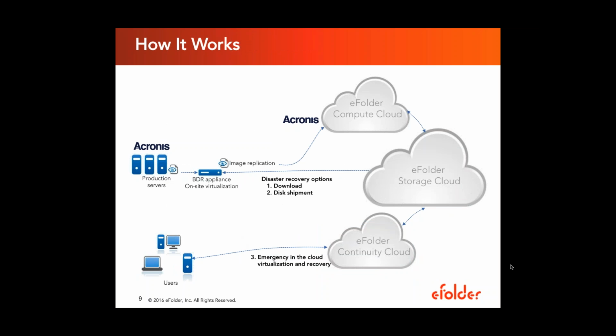And then within that appliance, the AMS that's running, you're going to have two different backup plans that run. You're going to have a local backup plan, and you're going to have a cloud backup plan. And then from there, you'll have options for recovery in case of disaster. So we certainly can ship you a disk with all of your data.